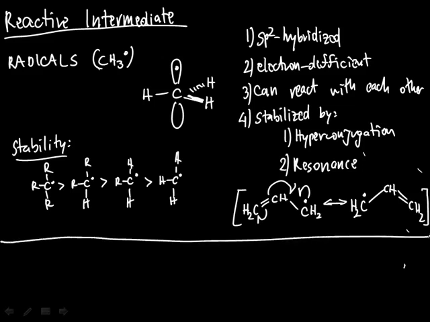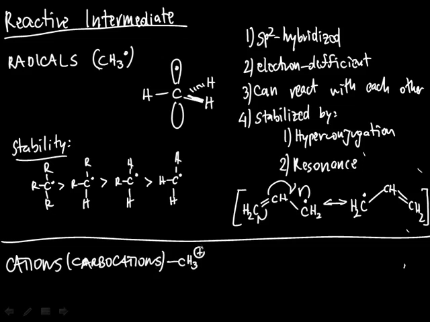Now, the second class of intermediates we'll talk about are cations, also known as carbocations, because they're carbon-based. An example would be, again, the methyl cation. These species have a very similar structure to radicals. They're also sp2 hybridized.